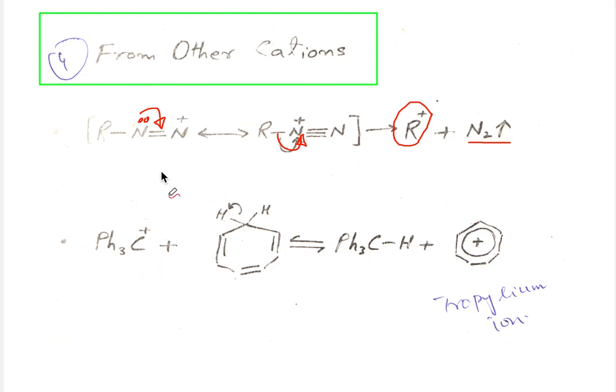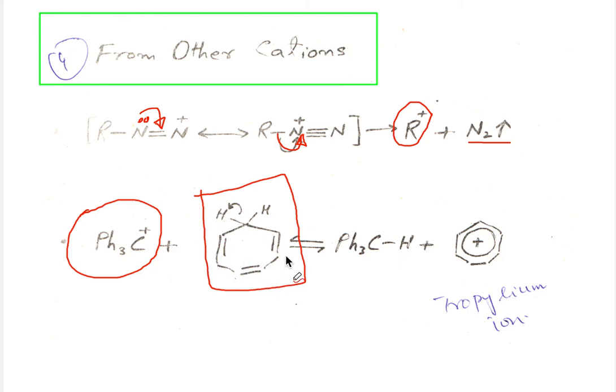Now, another method of producing carbocation: one carbocation, the stable triphenylmethyl carbocation, can react with a neutral molecule, in this case cycloheptatriene, which is non-aromatic, that can provide hydride to the already available carbocation to produce the simple alkane triphenylmethane along with a very stable tropylium cation.